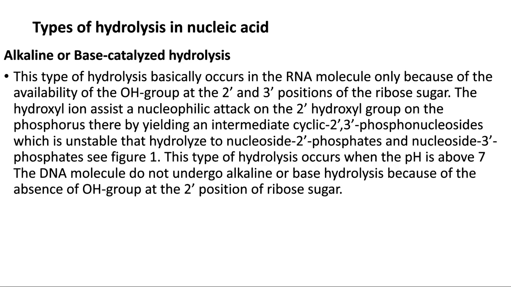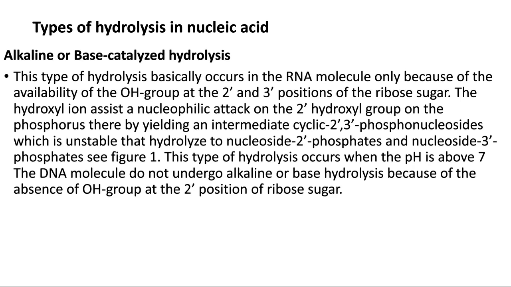This type of hydrolysis occurs only in RNA, because RNA has a hydroxyl group at position 2 and at position 3 of the sugar moiety, the ribose sugar. So this OH at the 2' and 3' positions helps to enhance the hydrolysis process.